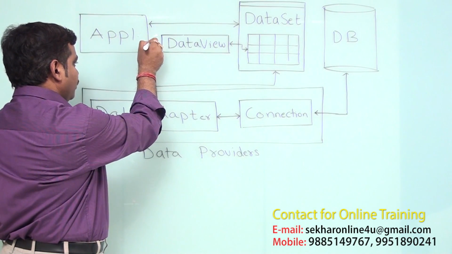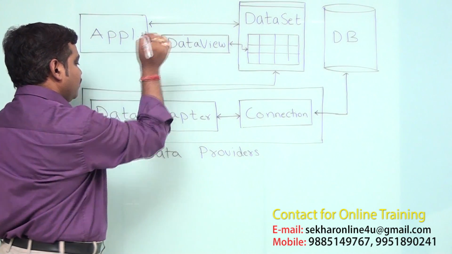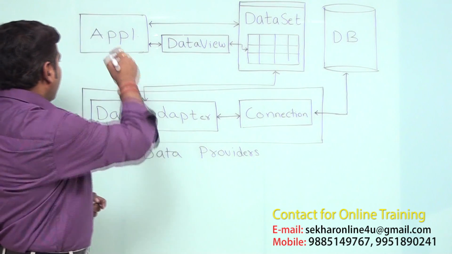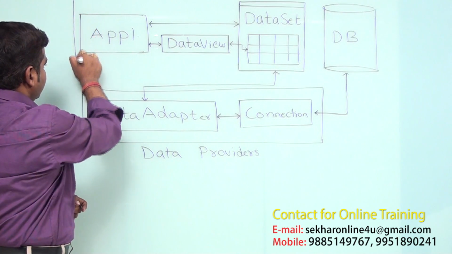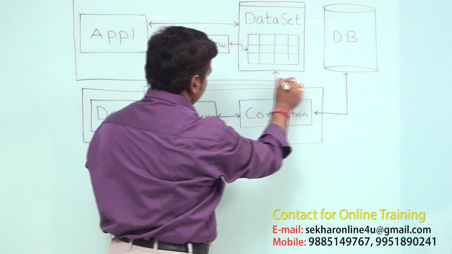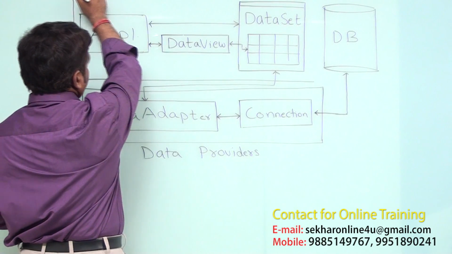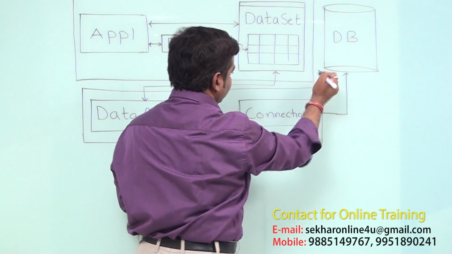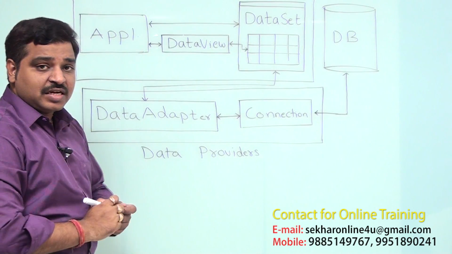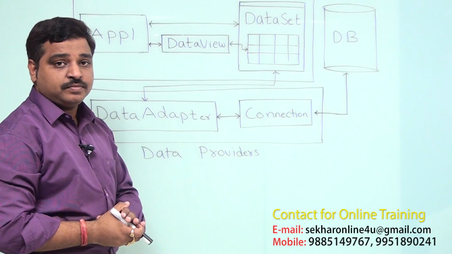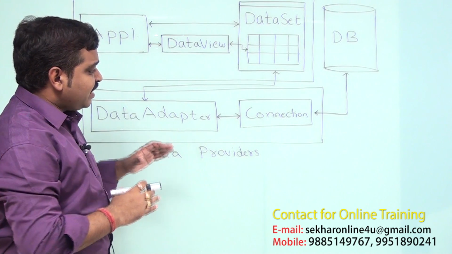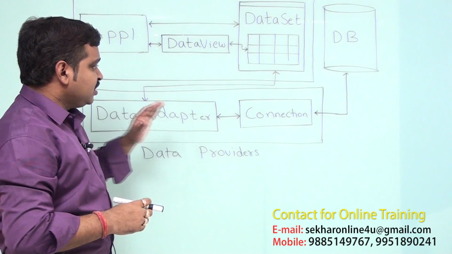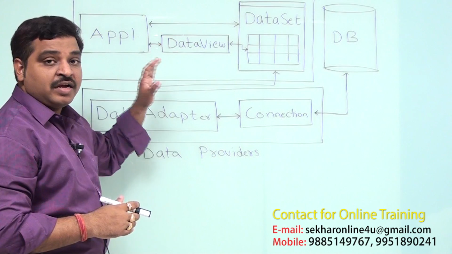And this data view can also be bound with the application. When we observe the disconnected model, the application, data view and data set, these three things will exist at the client system.